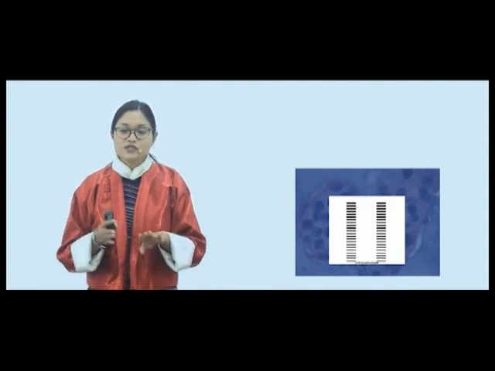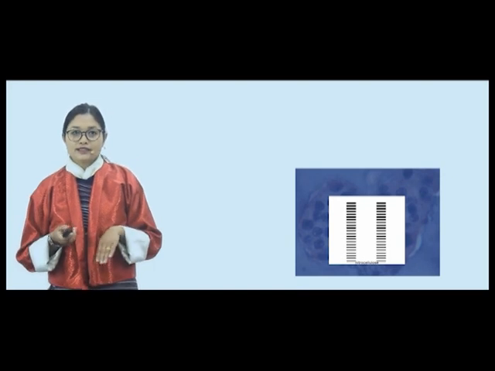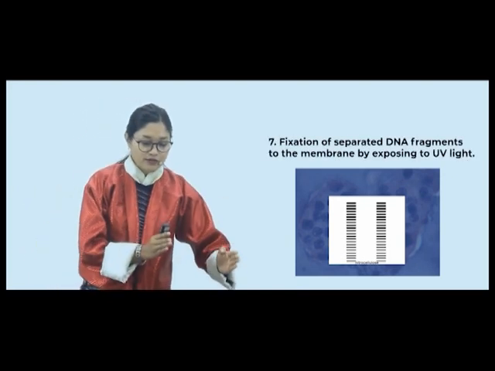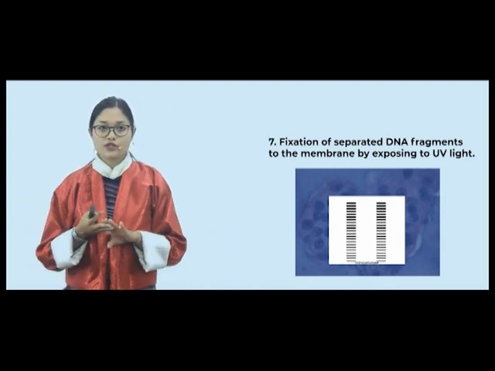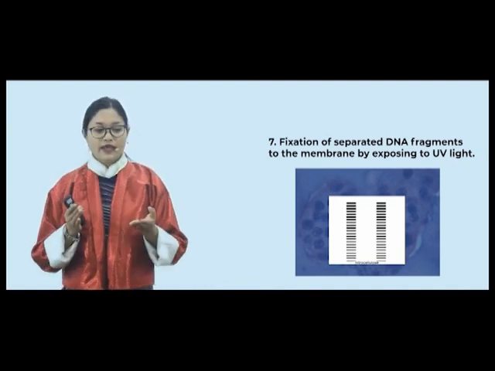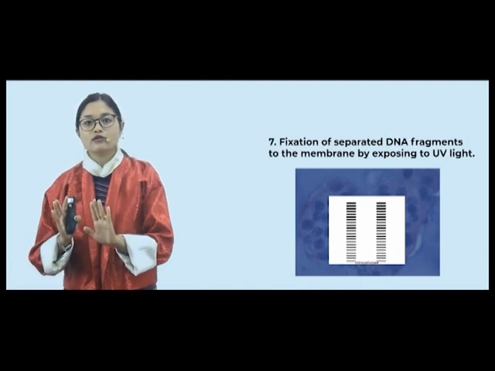Now this is just a transfer. After transferring, we fix the transferred DNA to the piece, using radioactive or UV light, to make it possible for the DNA fragments to be fixed well to the nylon piece.